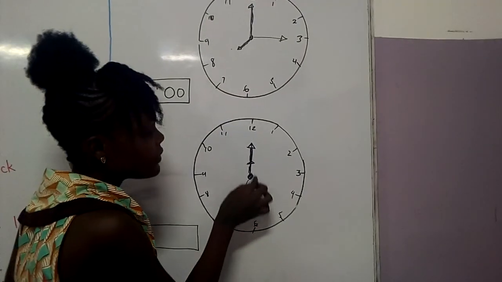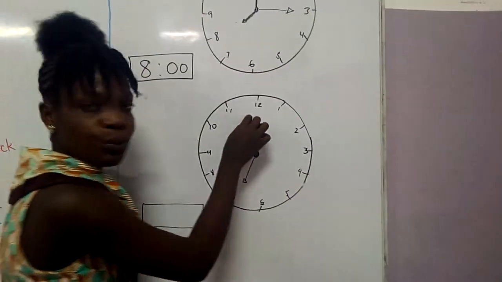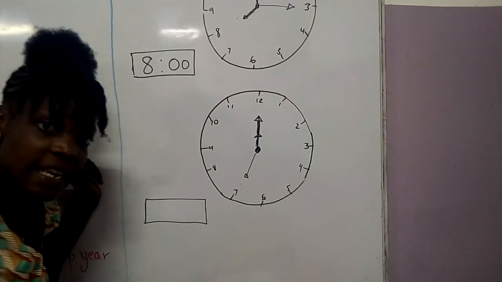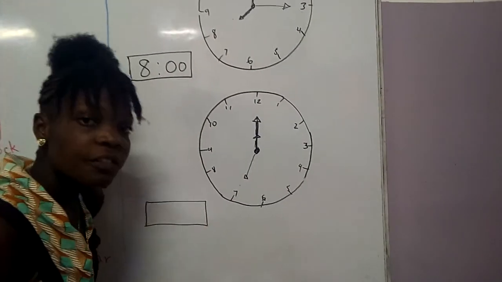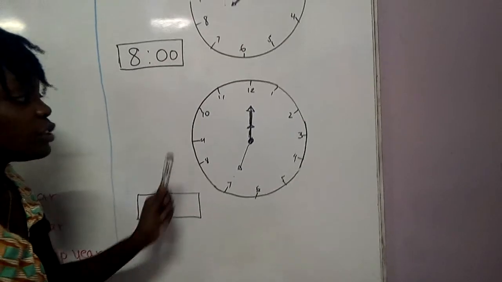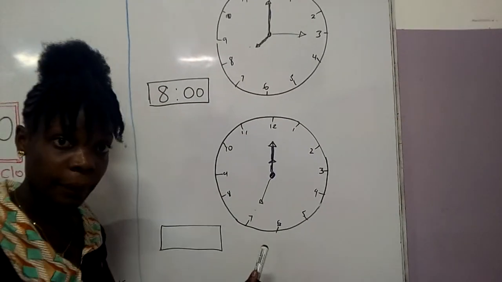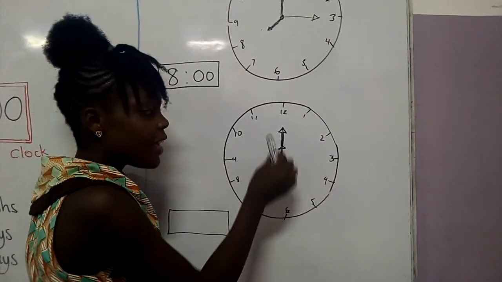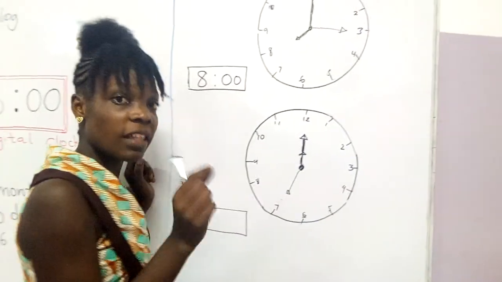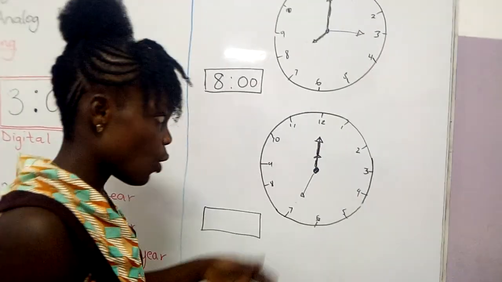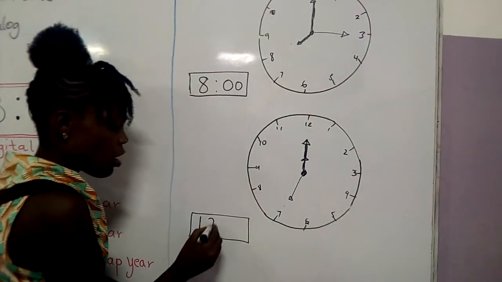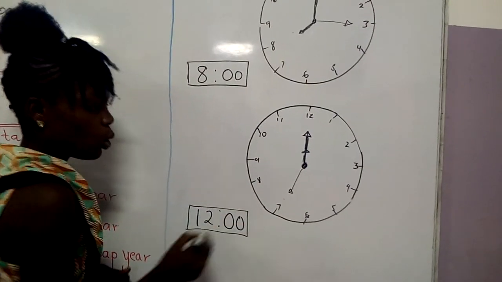So you can see that the short one too is on 12. So meaning it is what? 12 whole clock. Because the short line will tell you the time. And it is on 12 at the same time when the long thick line too is on 12. So we get what? 12 whole clock.